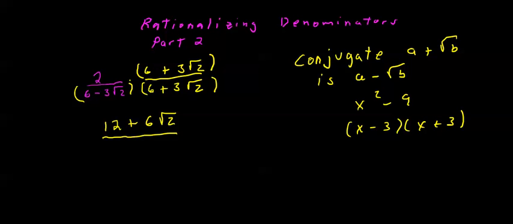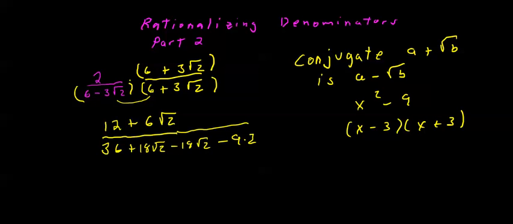So 6 times 6, 36. 6 times 3 radical 2, 18 radical 2, minus this, 18 radical 2, and 3 times 3, 9, radical 2 times radical 2 is 2. 9 times 2. Now, a couple of things.